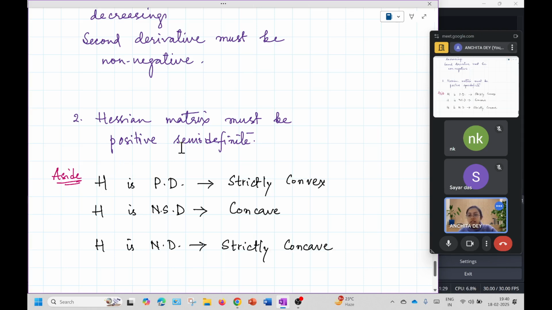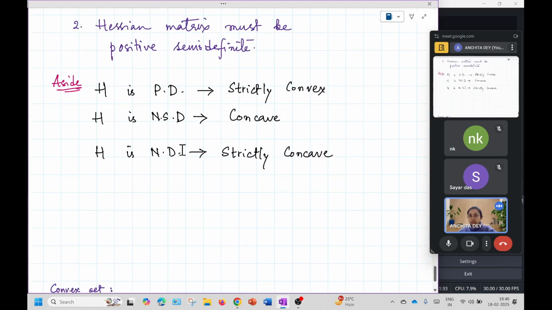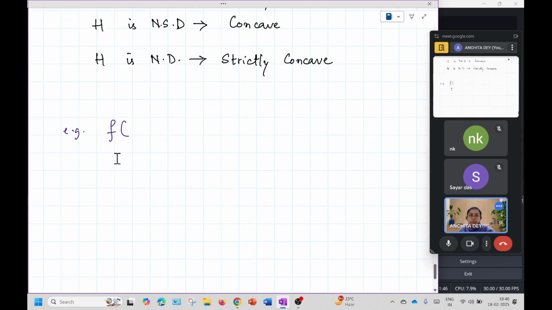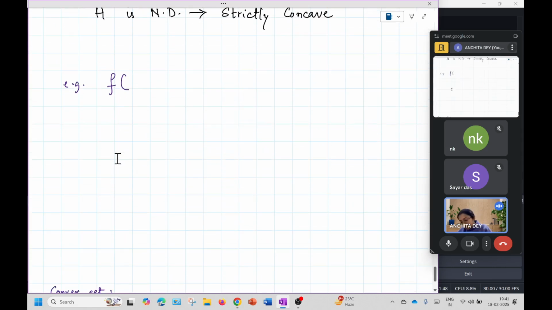Okay. So how do we find a Hessian? I can give you a quick example. Say you have a function f, which is a function of three variables, x, y, and z.